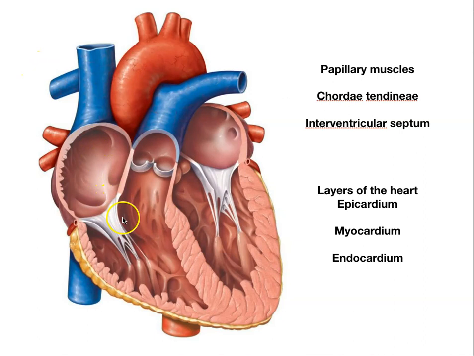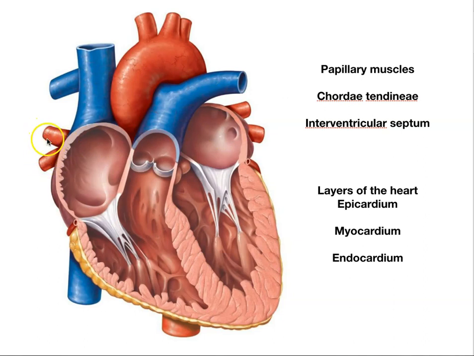Remember, this is all deoxygenated blood on the right side. So they're going to go to the lungs, and it's going to bring blood back to the left side of the heart through the pulmonary veins. Veins take blood back to the heart. So these are the left pulmonary veins.